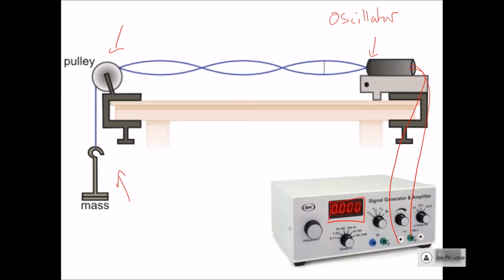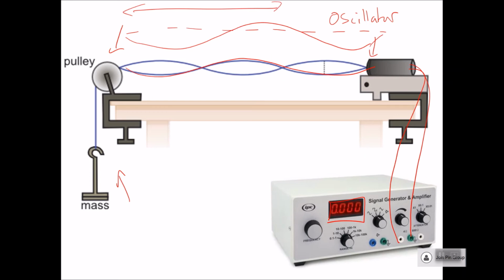So what you've got to imagine is that this here is what the string is doing at one time, and then when it's done oscillating, it's then doing this. So if I just draw this very badly, that there is what the wave pattern looks like. That there is one wave.